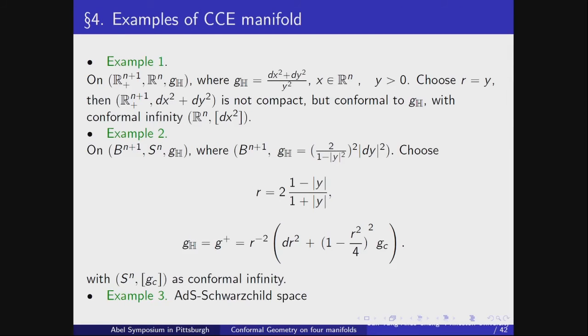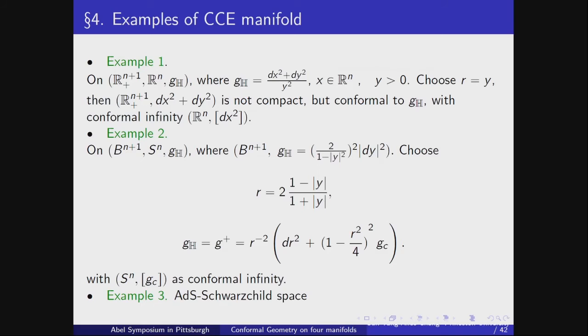The typical example is the upper half space with the Poincare metric. This Poincare metric is of course not compact. If you multiply it by y squared, it is still not compact, but it becomes flat.